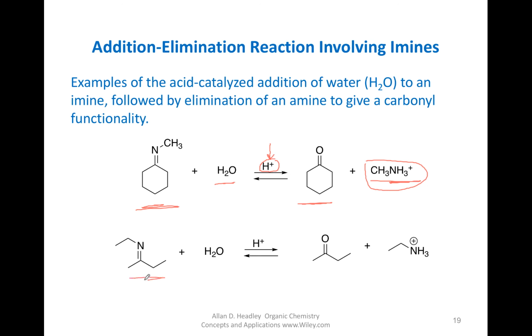So if you had this imine and water as a reactant in the presence of an acid, and you were asked to predict the product here, this is the product based on the elimination of the amine in the presence of an acid.